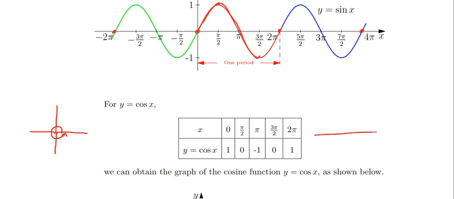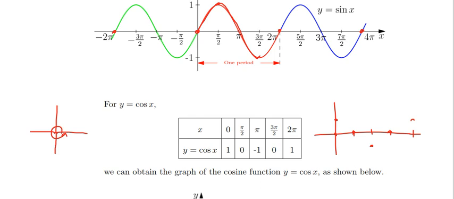So we say 0, pi over 2, pi, another pi over 2, pi over 2. There are 5 points. So x equals 0, cosine is 1. So 1, 0, negative 1, 0, 1.